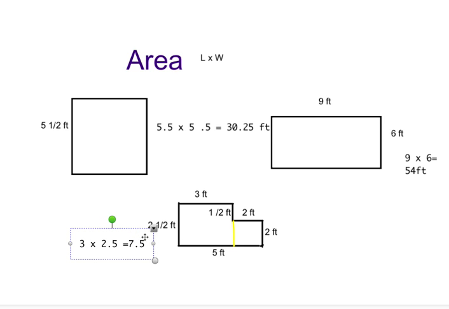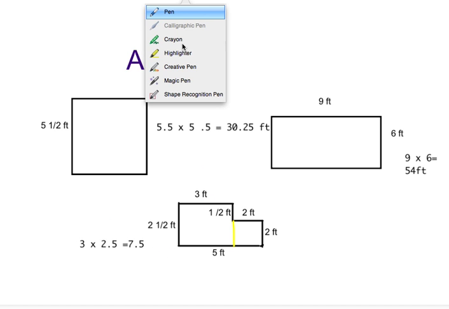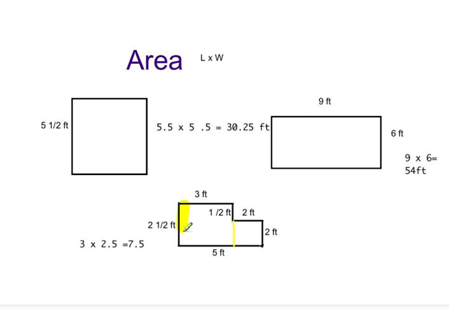So this space, which I'll show you right here, this particular space we just measured and did 3 times 2.5. That's now worth 7.5 feet. And now I'm going to take this section of the box, which is worth 2 feet by 2 feet. So I'm going to multiply 2 times 2, and I'm going to get 4.